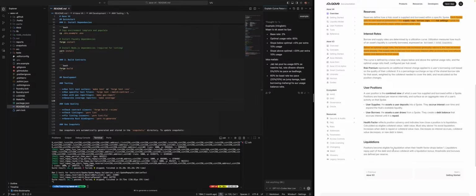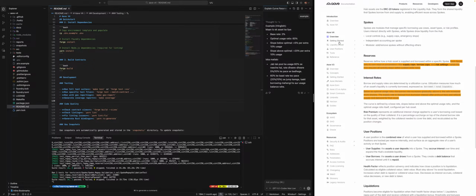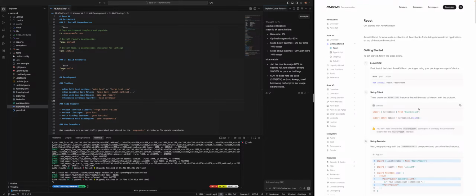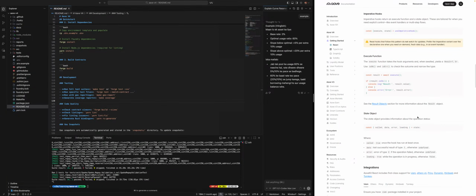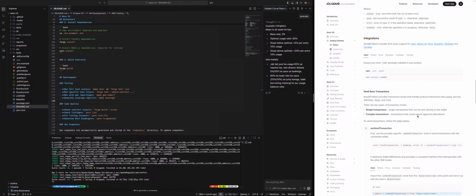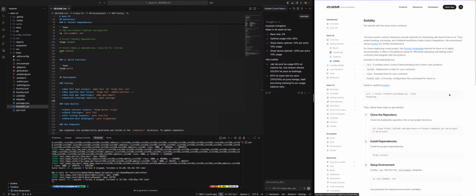So that defines the health factor. I think we don't need to understand this, or should we? I think we don't have to.